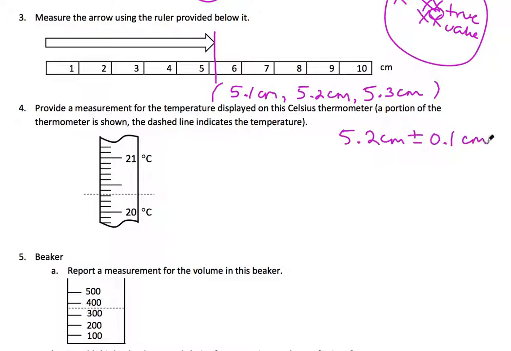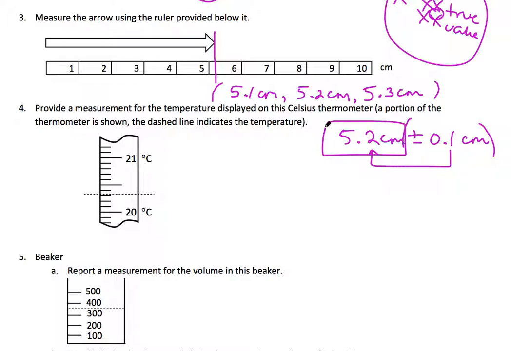It's sort of above and below by 0.1. Now, instead of writing the plus or minus, I just know that this place here, that decimal place, comes from here. That's the uncertain value. So instead of writing this whole thing down, I'm just going to write 5.2.